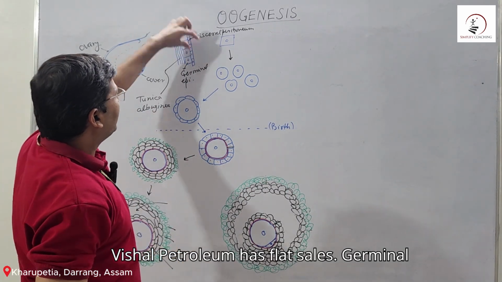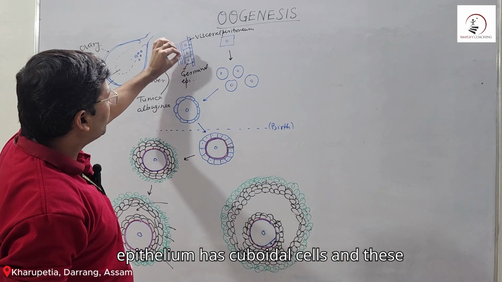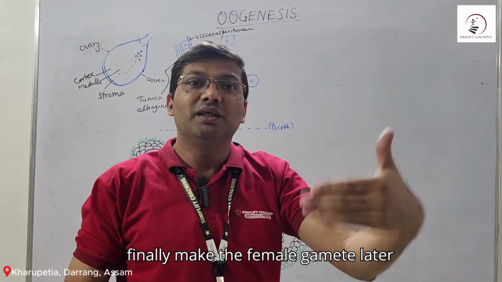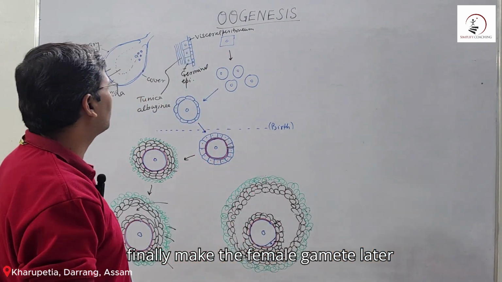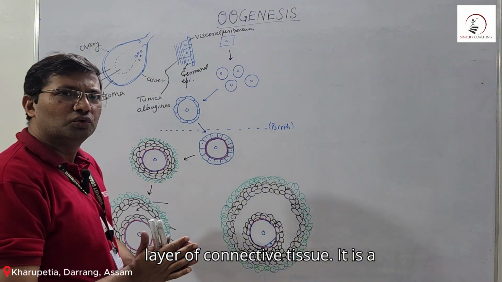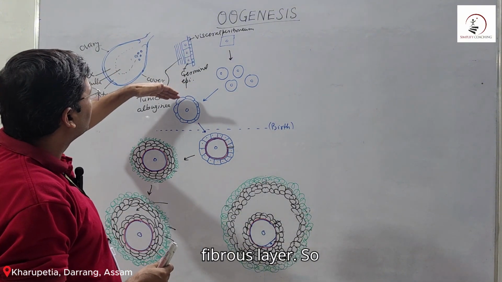Visceral peritoneum has flat cells, germinal epithelium has cuboidal cells, and these are actually the germ cells which will finally make the female gamete later on. And tunica albuginea is a layer of connective tissue, a fibrous layer.